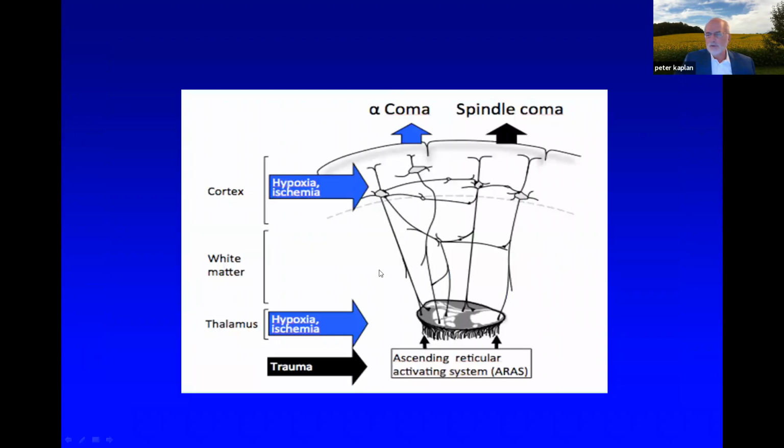Now, you can look at different encephalopathy patterns by where we understand the abnormal EEG patterns to be generated.